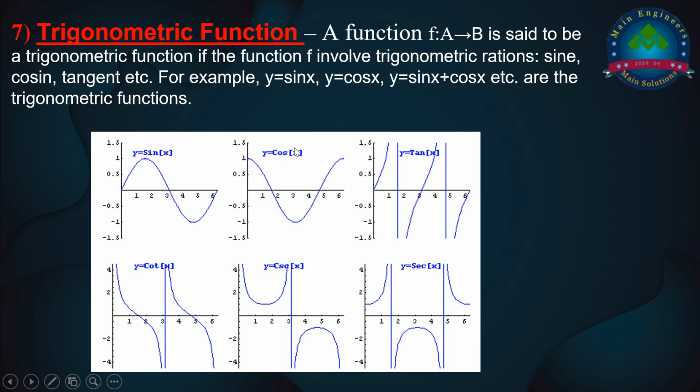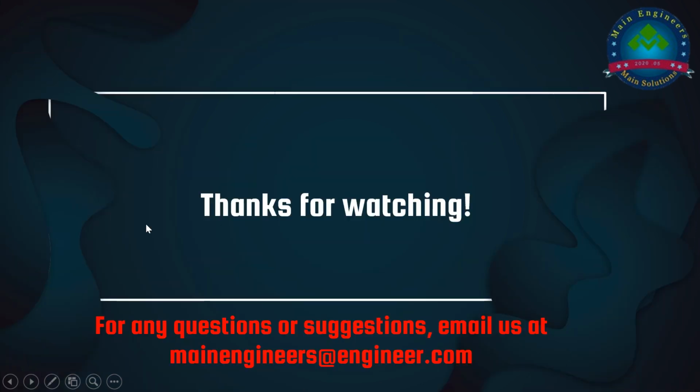It's the same way for cos x also. You have to put the value in degrees, and you will get the value of y. So make two columns, one with the degrees and one with the f(x) value. In this way you can draw the graph for a trigonometric function.